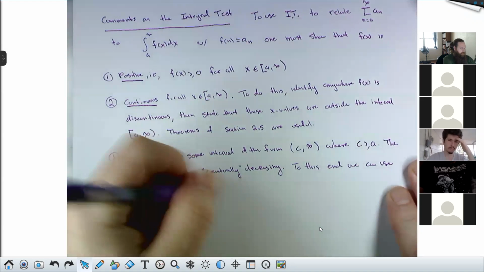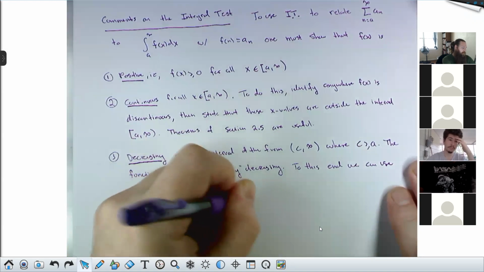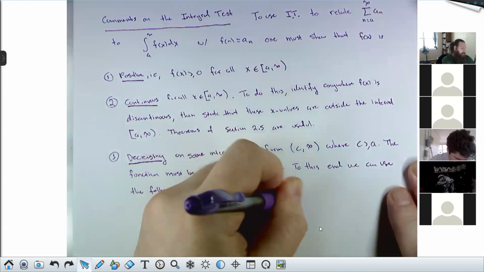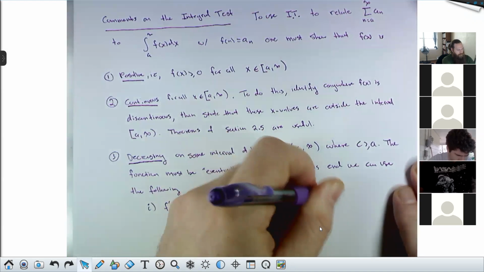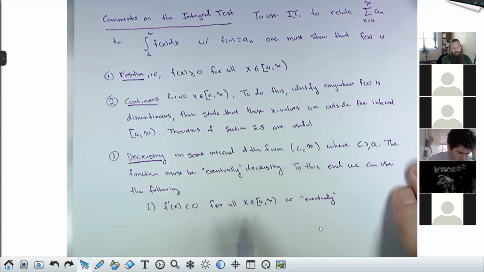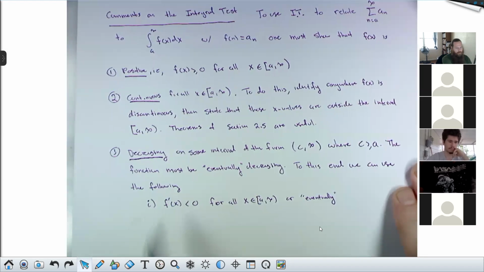If the derivative is less than 0 for all x in a to infinity, or eventually, right? Even if this isn't true, like if you're looking from 1 to infinity, but your function starts decreasing at 5 and it's decreasing from 5 to infinity, that's okay. That works. So the classic is just show the derivative is negative.